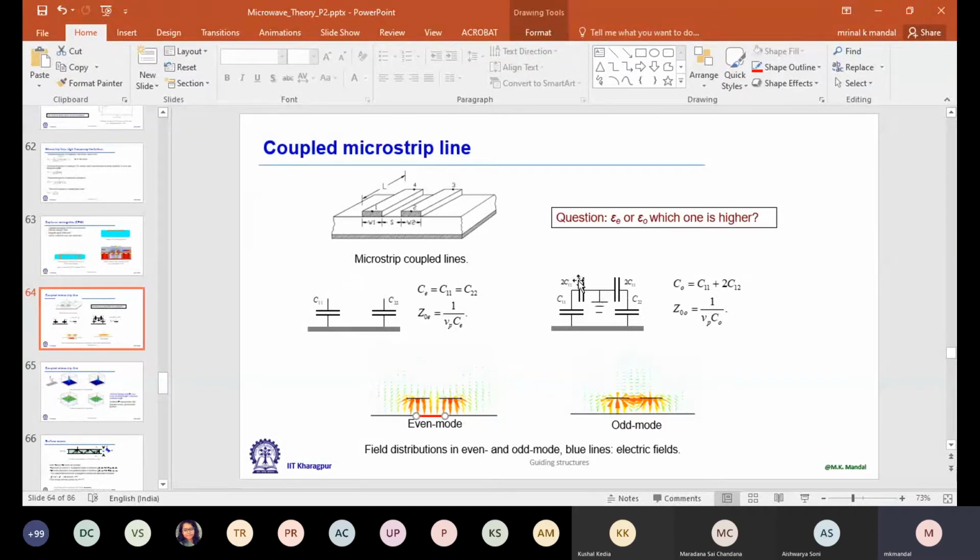He represented the mutual capacitance as twice C12 in series with another twice C12, so that the effective capacitance between these two becomes C12. In distributed form, since the characteristic impedance depends on L and C, it becomes different in odd mode. Usually for microstrip line, Z0E is always more than Z0O. Even mode characteristic impedance is more than odd mode characteristic impedance.